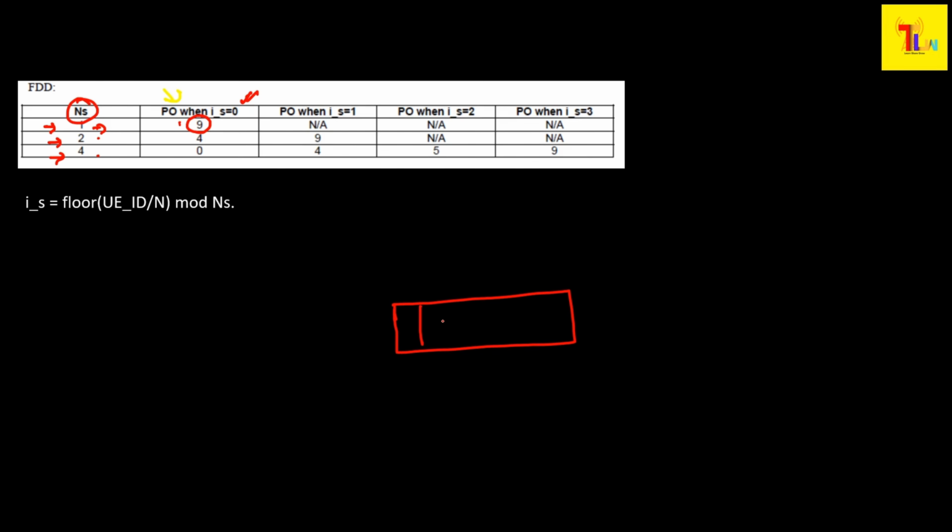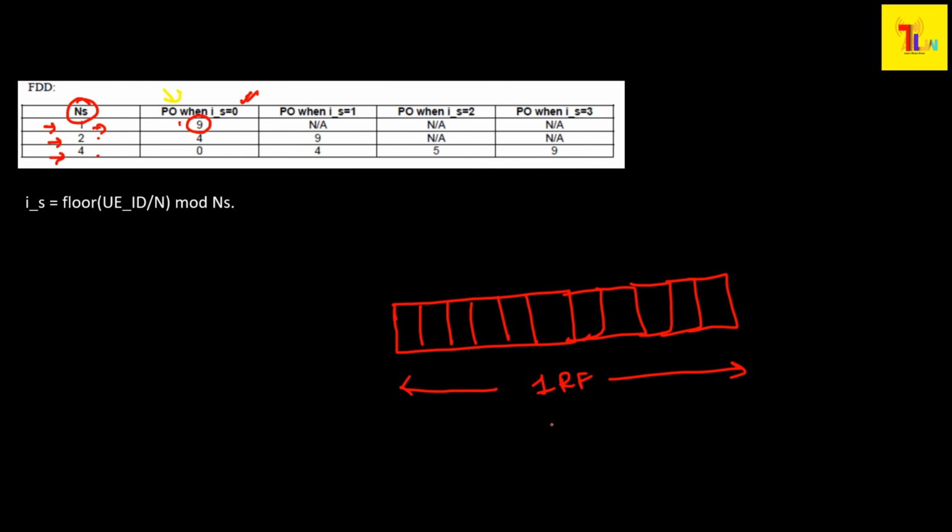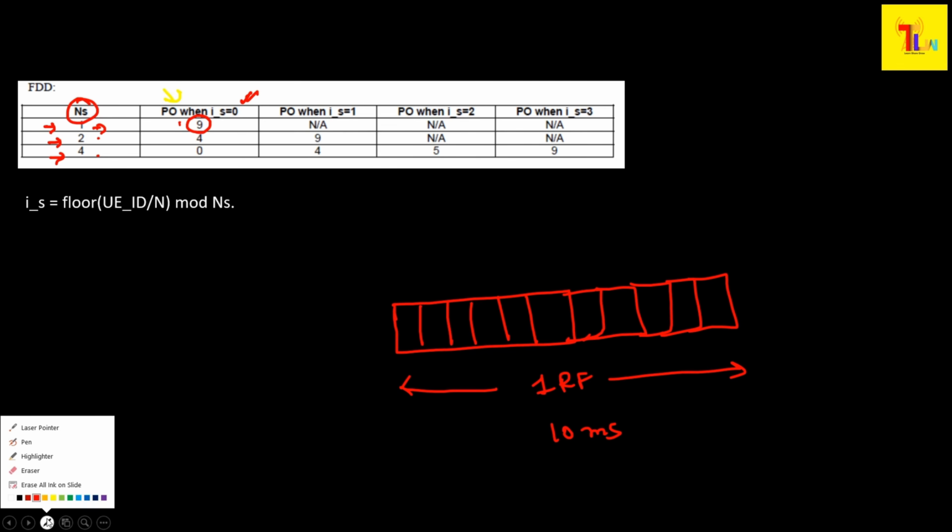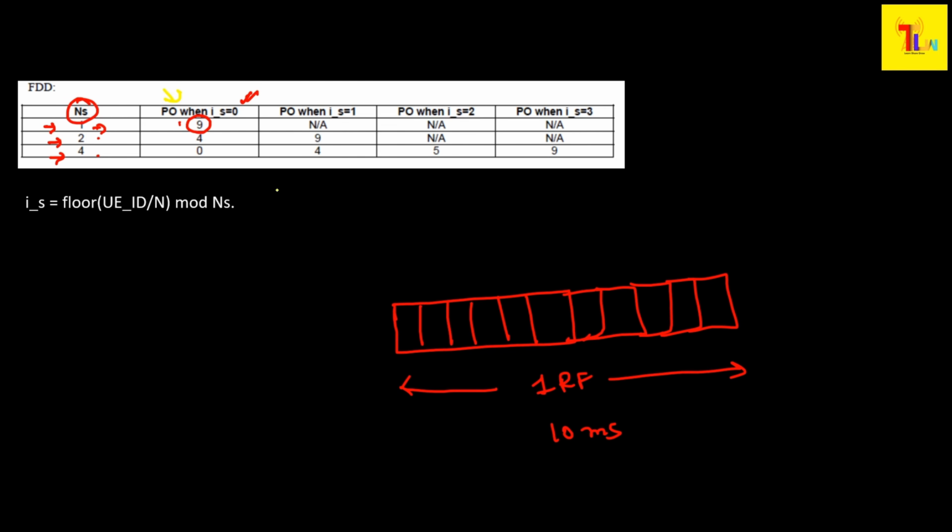So let's suppose this is one radio frame, subframes 1, 2, 3, 4, 5, 6, 7, 8, 9, 10. This is one radio frame, which is 10 milliseconds, correct? As per this particular table, this is your on duration, where exactly the UE is going to wake up.